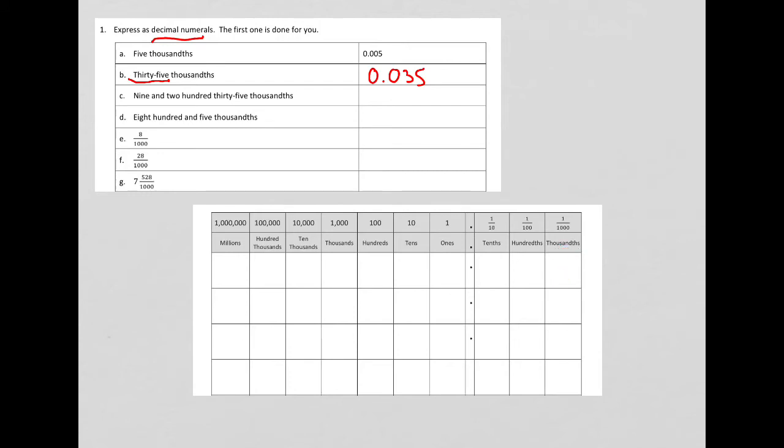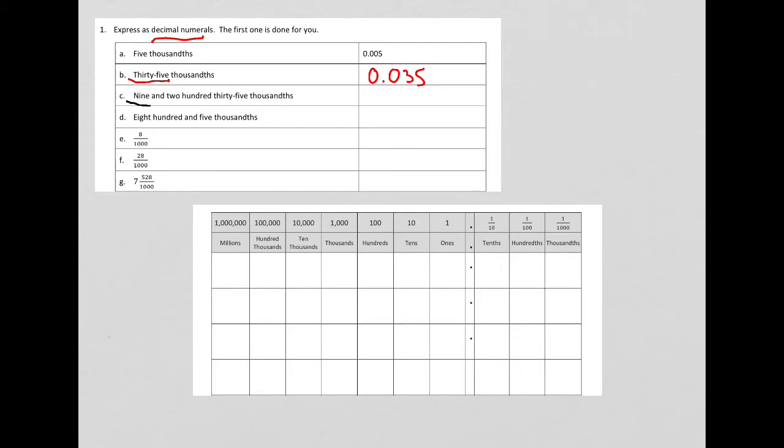Let's try another one. Let's do C. 9 and 235 thousandths. So when there's an "and," we want to break up at that and look at them almost as two separate numbers.